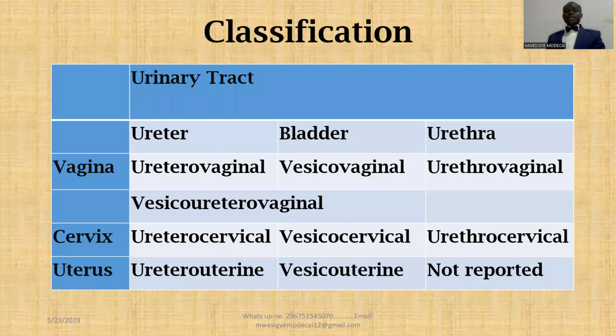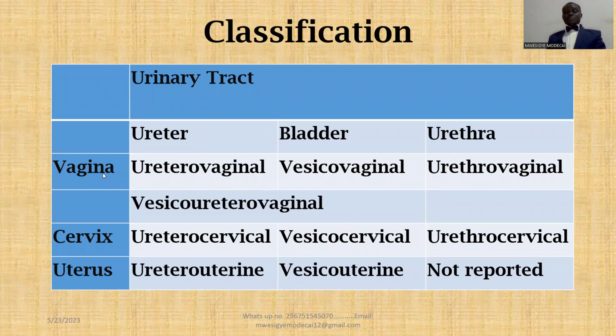Classification of fistula. We have several classes of fistula, and here we shall be comparing the urinary and the genital structures. A fistula that appears between the vagina and the ureters, we call ureterovaginal fistula.